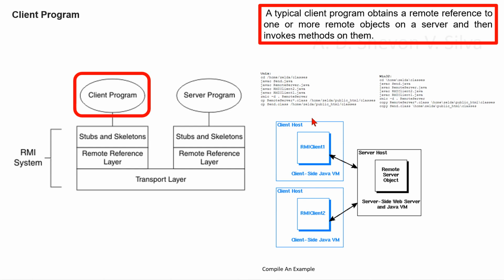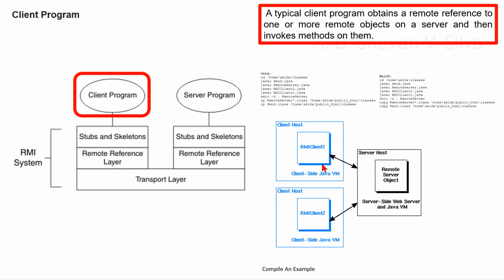RMI client 1 and RMI client 2 class files are not made publicly accessible. They communicate from their client machines using URLs to access and download the remote object files in the public_html directory.